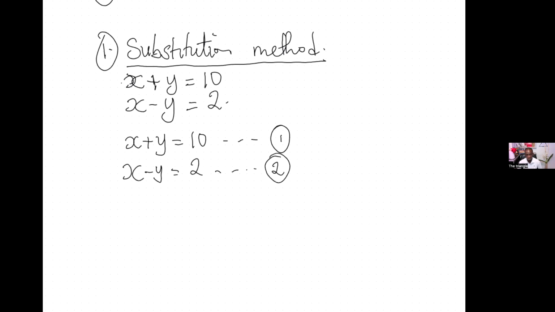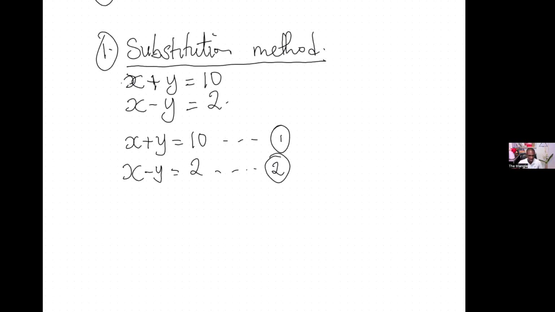Now, in order to make substitutions, we'll pick from either equation, either from equation 1 or equation 2. So let's pick from equation 1, and we try to make either variable, that is x or y, the subject, depending on how we want it to be.